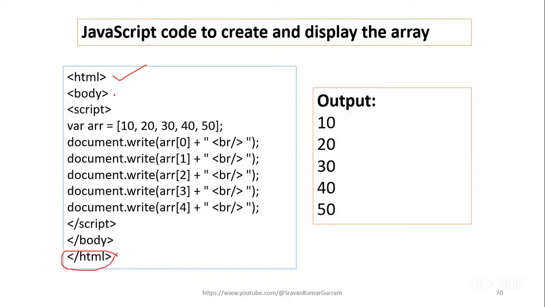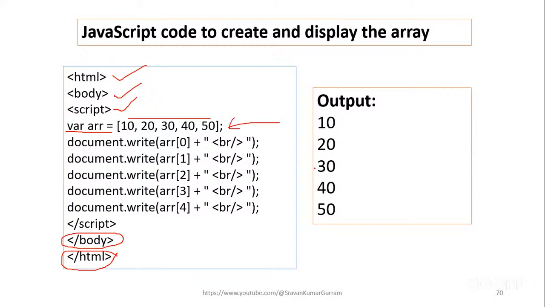As usual, the body tag, and at the last, the body ending tag. Then, this is an important point: within the body tag, we are writing the script tag. In this example, the script is nothing but JavaScript code. The array variable name is arr, assignment. Within the square brackets, you can write the elements. In this case, I want to create an integer array, so all the elements must be integer type. This is the creation of the array.